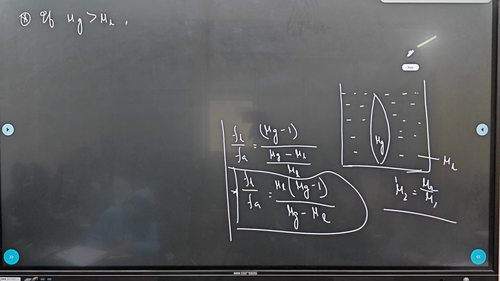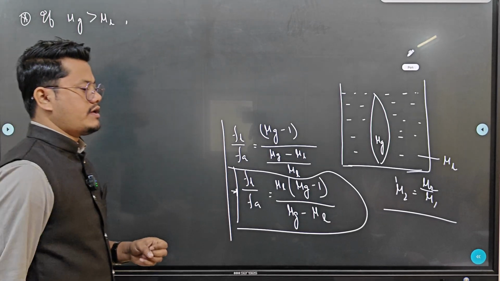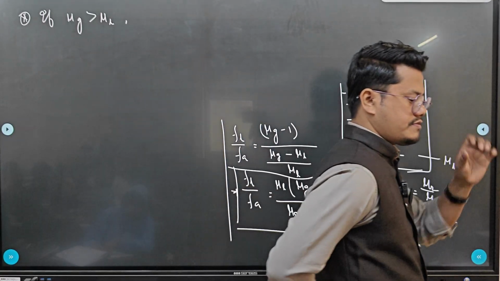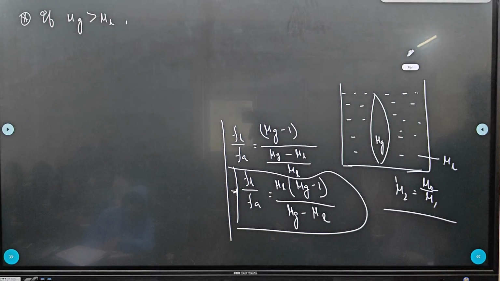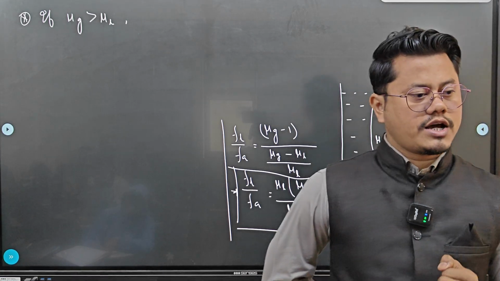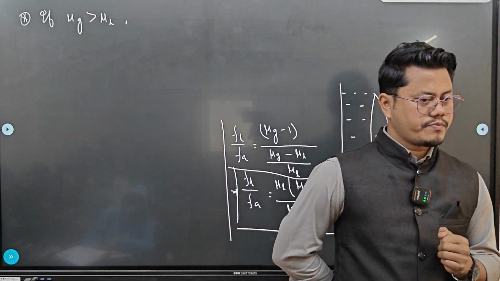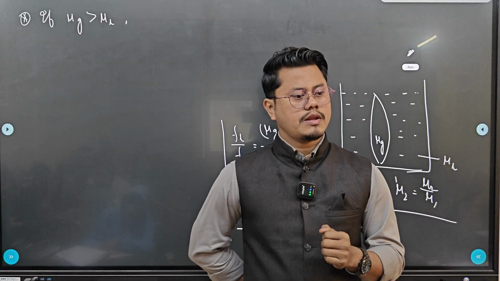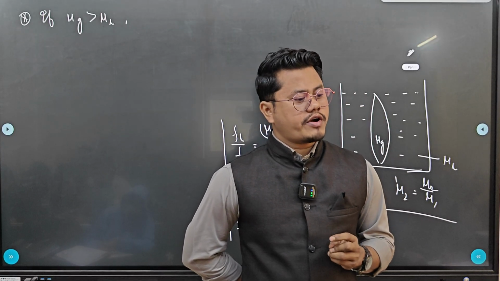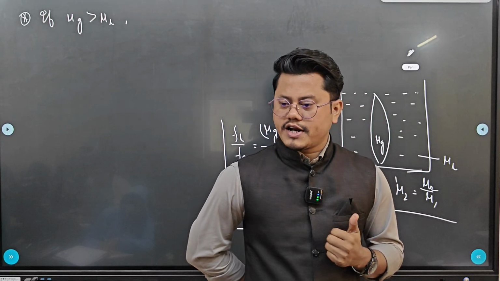Fl greater than Fa. Got it? Same line. In this case, the nature of the lens remains unchanged, but focal length increases. We got Fl greater than Fa or not?